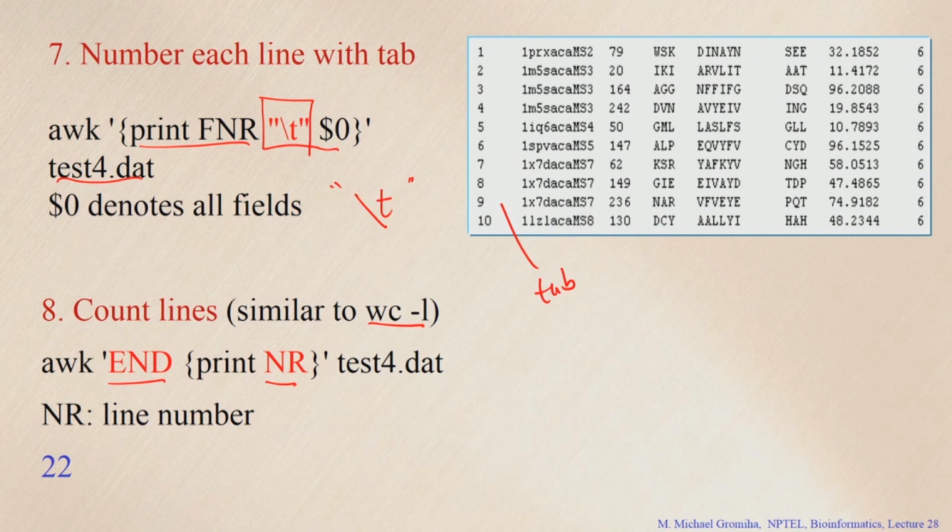So how many lines are in this particular input file, test4.date? Count all the lines. You will get a total of 22 records, 22 lines in this file, similar to WC minus L in Unix.